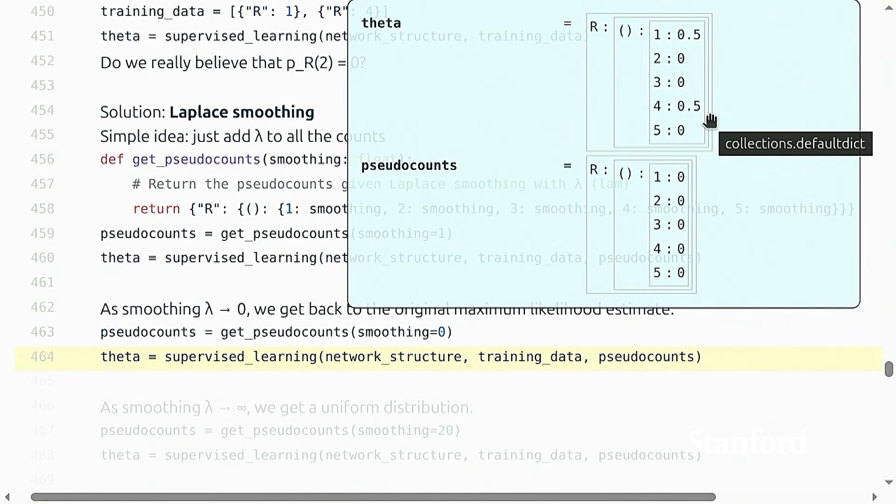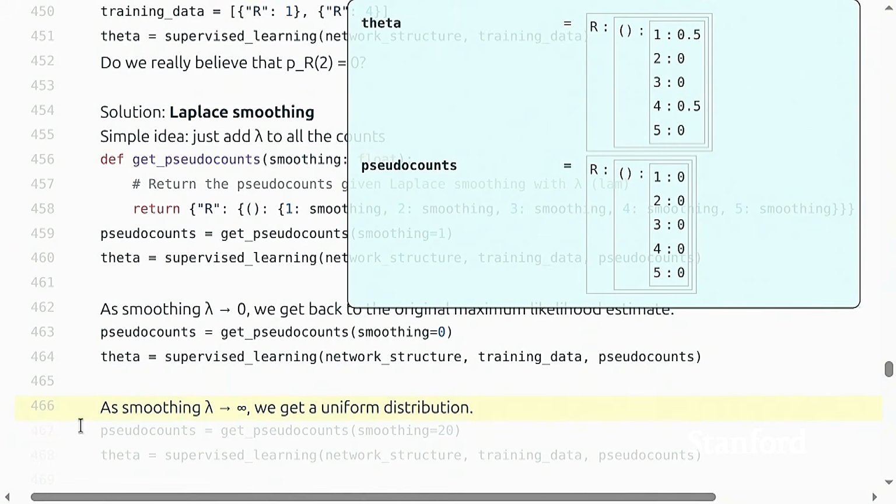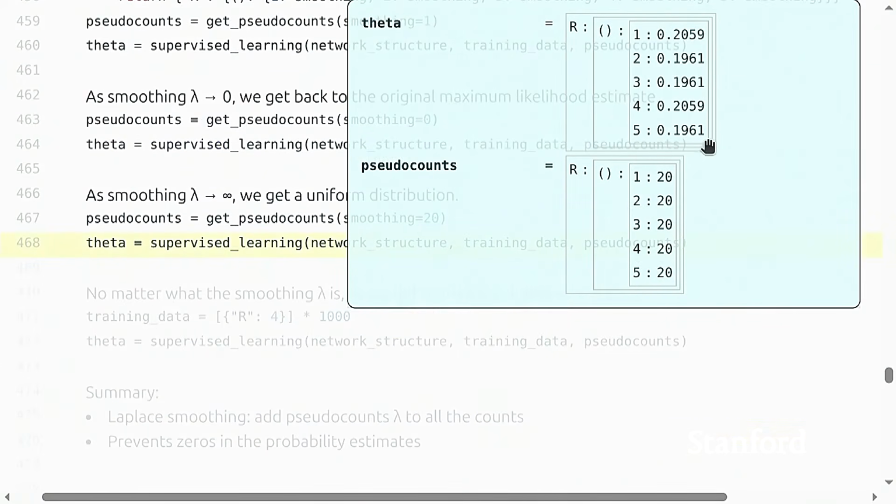And if you smooth to really big, then it'll get to a uniform distribution. So if I do put 20 here as my pseudo counts, then my distribution is pretty much uniform. There's still a little bit more weight on 1 and 4, the ones I saw, but it's pretty uniform.